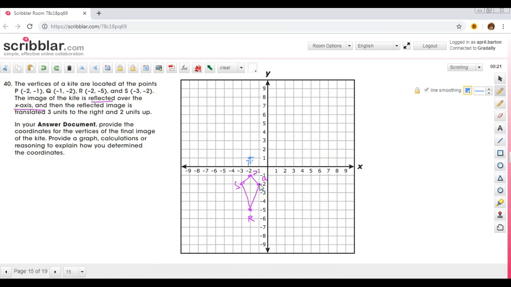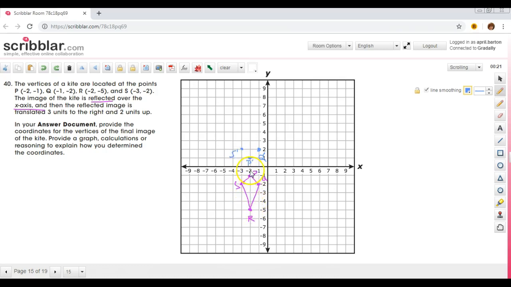So then Q, we go 2 spaces to the x-axis, and we have to go 2 more to get here. It's Q prime. And S takes 2 spaces to get to the x-axis, 2 more to get flipped up.